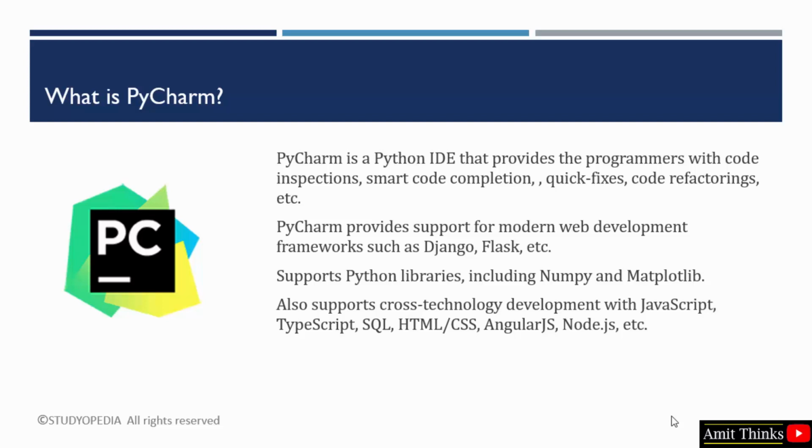It provides support for modern web development frameworks like Django and Flask. It also supports the Python libraries useful for machine learning and data science, that is Pandas, Numpy, Matplotlib, SciPy, etc. With that, it also supports cross technology development using TypeScript, JavaScript, HTML, Angular, Node.js, even SQL.